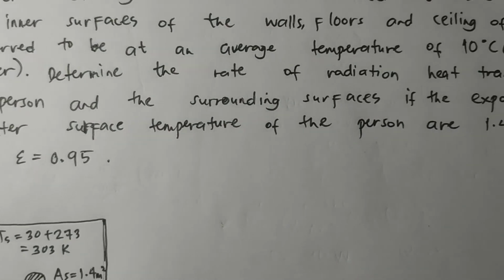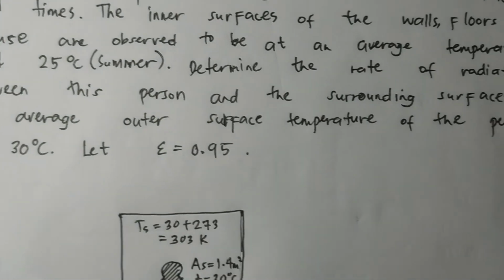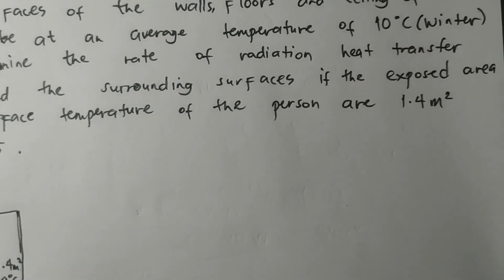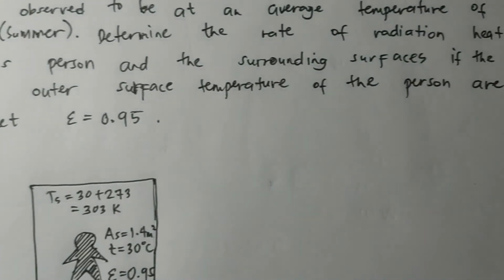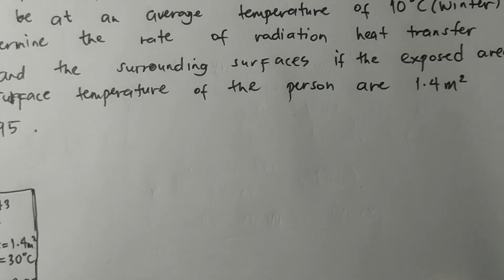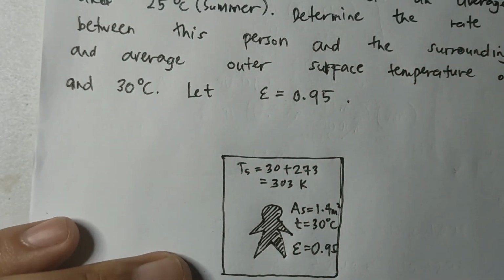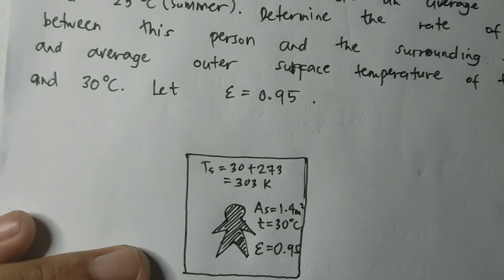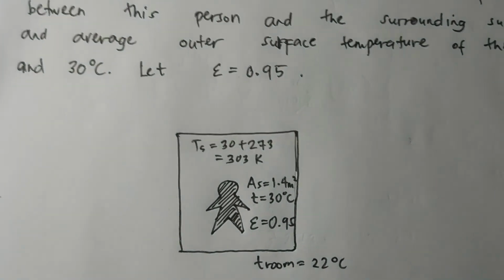Determine the rate of radiation heat transfer between this person and the surrounding surfaces if the exposed area and average outer surface temperature of the person are 1.4 meters squared and 30 degrees Celsius. Let emissivity be 0.95. So, here's the illustration of the following problem.